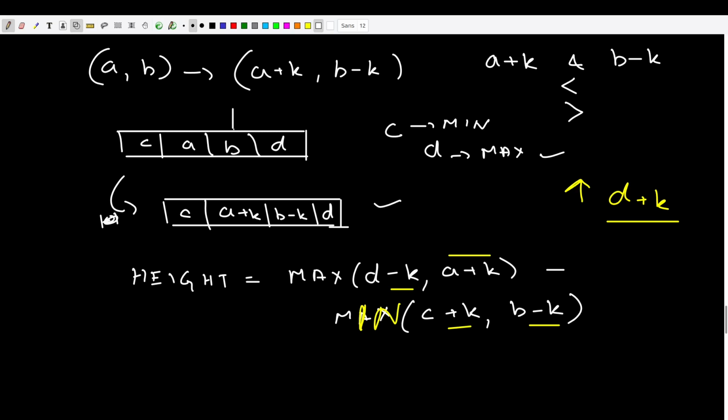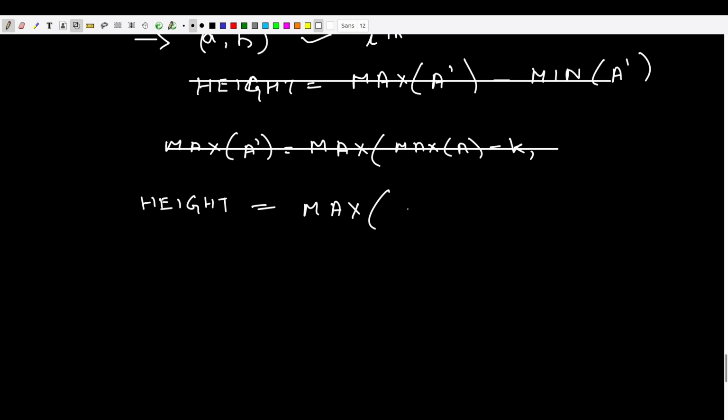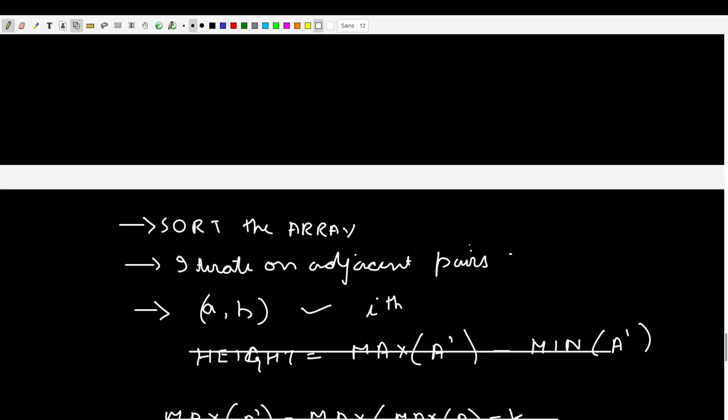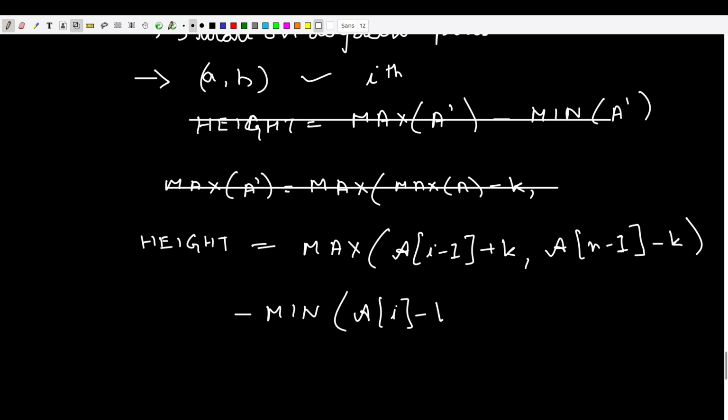So if we are at ith, then it is A of i minus 1 plus K, and we know that the last element minus K, minus the minimum of A of i minus K and A of 0, since A of 0 is the minimum element, plus K, right?